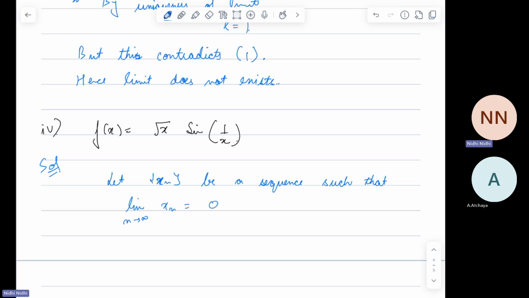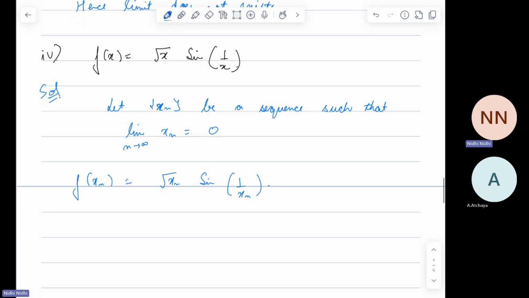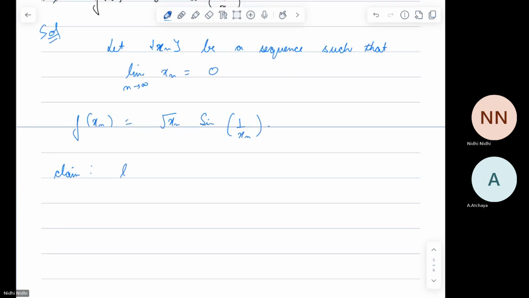Now let's look at f(x_n). f(x_n) is just root x_n sin(1/x_n). So all we need to show is that the limit as n tends to infinity of root x_n sin(1/x_n) exists.